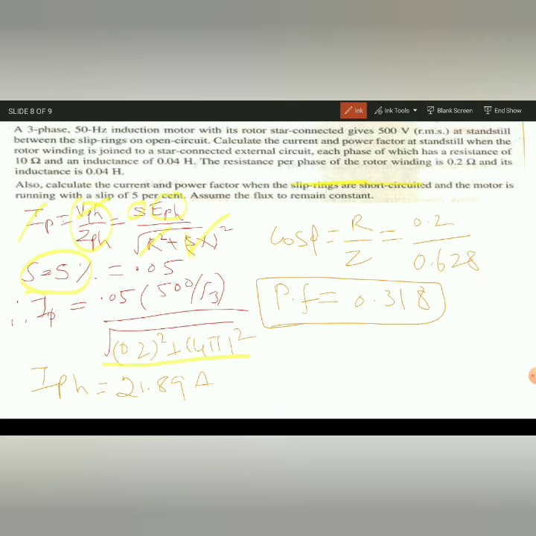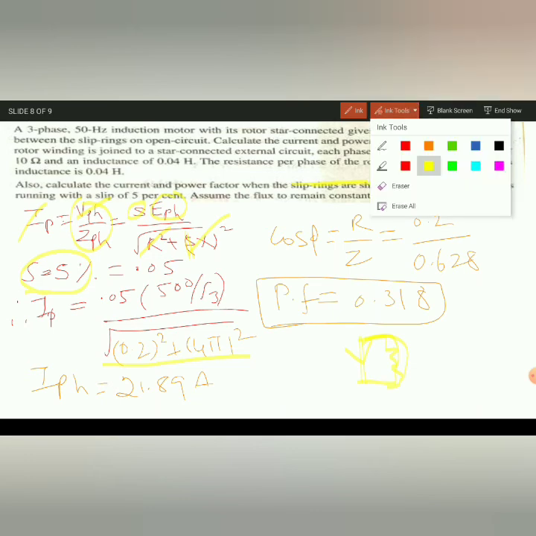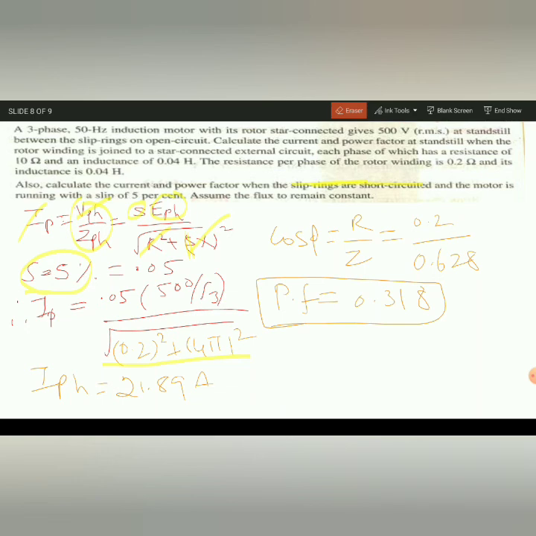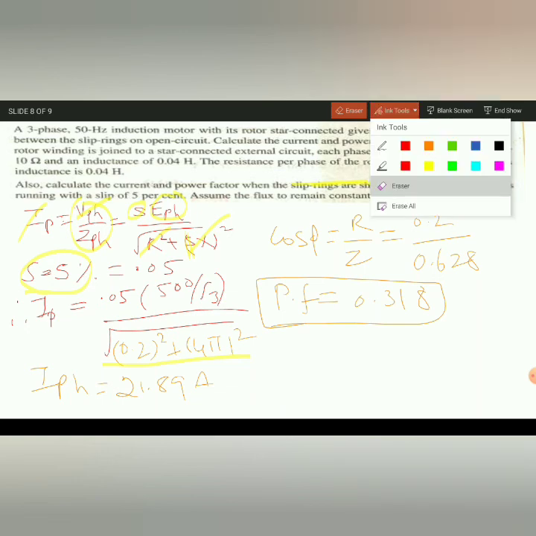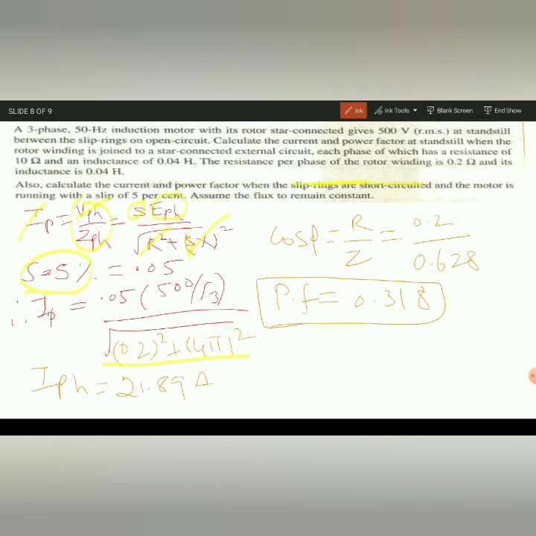Because if there are two paths, one is a short circuit path, another one is a resistance path, the current will not flow through the path having some resistance value, because the current takes the low resistive path. So this is the reason we have to consider only the impedance of the rotor: the rotor resistance and the rotor reactance, only 4π.